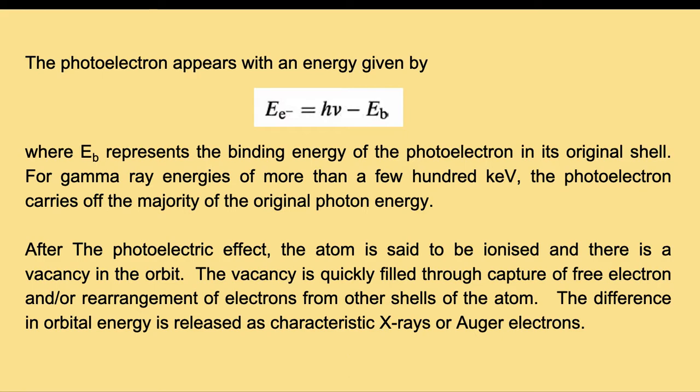So if there is a vacancy in the K shell, it can be replaced with another electron from the higher orbits. The difference in orbital energy is released as characteristic X-rays or Auger electrons. The difference in energy is normally emitted as characteristic X-rays that we have discussed in the X-ray mechanism that we have already done.